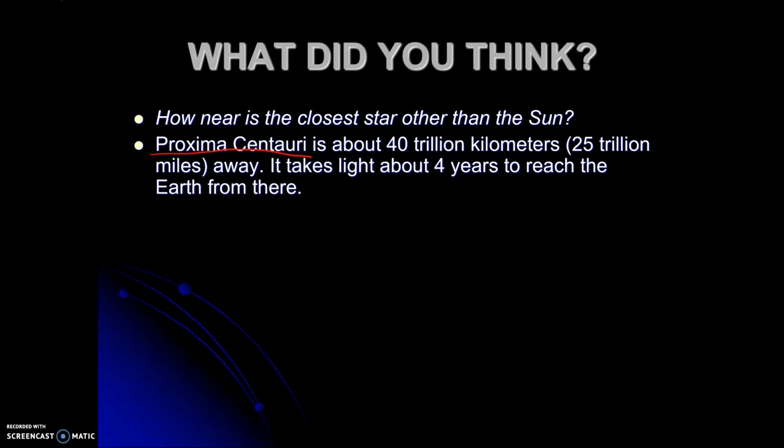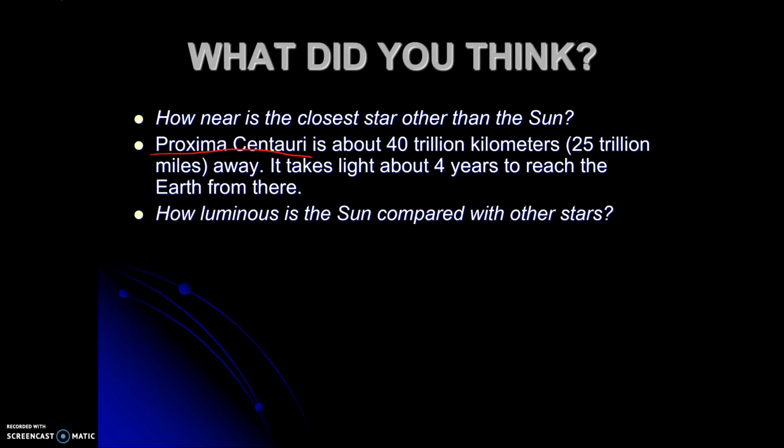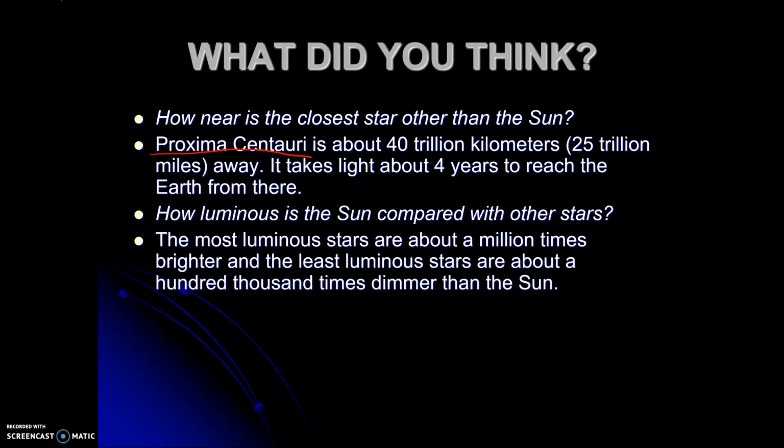So you can tell that star is going to be very dim in comparison to our sun. How luminous is our sun compared to other stars? Our most luminous stars are millions of times brighter, but they appear less luminous to us because they are so far away.